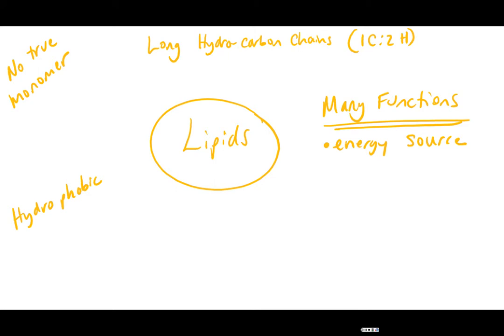And they have a lot of functions. Functions include that lipids are an energy source. So we talked about carbohydrates as providing about 60% of the energy for a cell. In the case of lipids, they're providing about 40% of the energy for the cell. We see that lipids are also involved in communication.